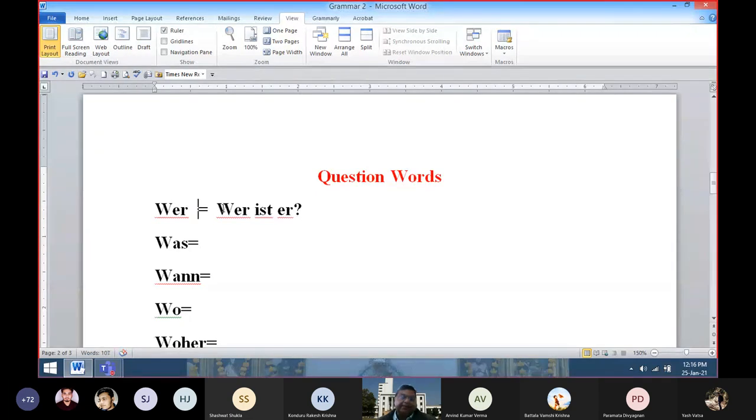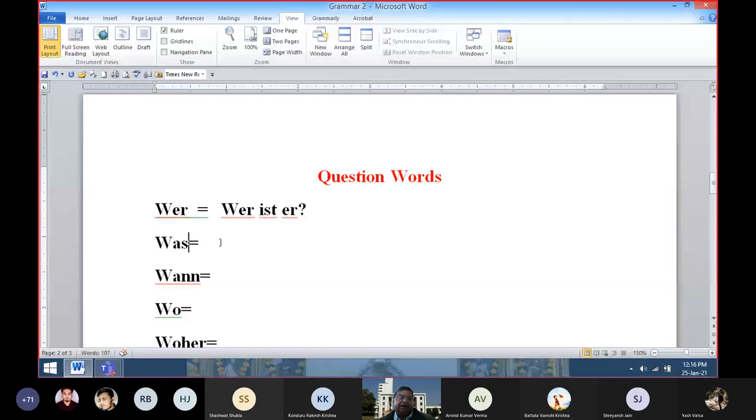So wer means who, and generally this is used for a person, a human being. So wer ist er, or who is she? Etc. Wer ist diese Dame? Who is this lady? So like that you can make questions by putting wer. Wer means who, for person.